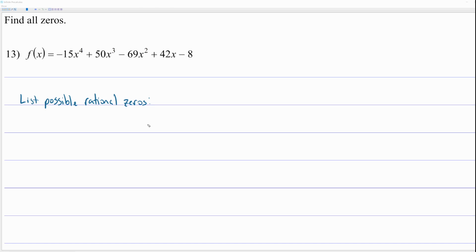Now the word possible here is actually kind of unusual. A number is either a zero or it's not. There's really no possibility about it. But if we were going to check for rational zeros, these are the numbers that are on our list.